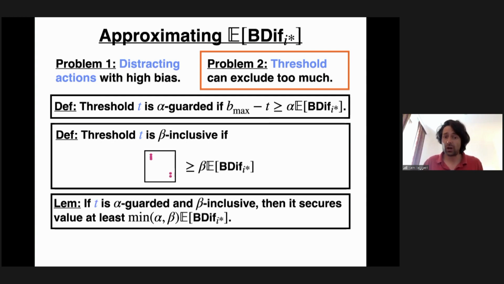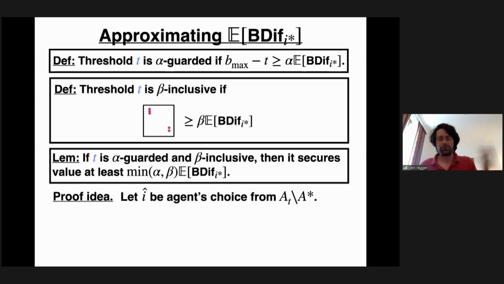So you can show that if you have a threshold that happens to be alpha guarded and beta inclusive, then it's actually going to do a really good job of securing you a good fraction of bdiff. In particular, it'll secure you the minimum of alpha and beta. And the reasoning is not too bad. I won't give it to you precisely, but I can give you the intuition.